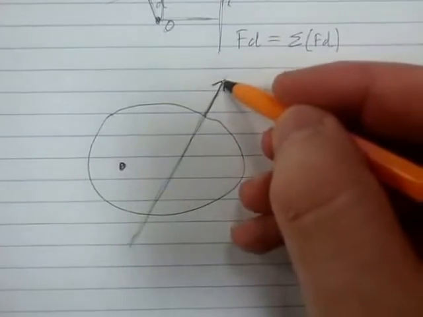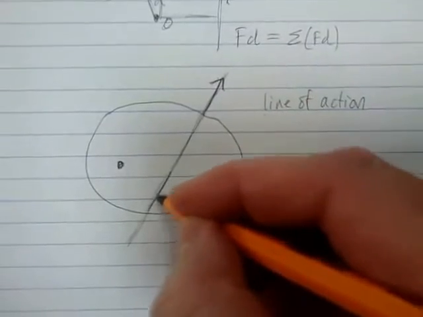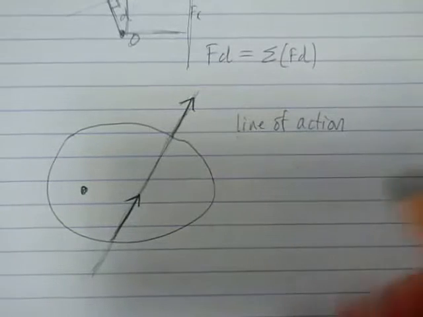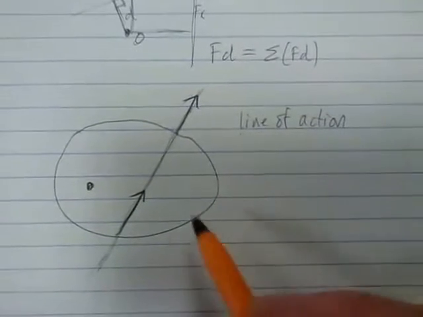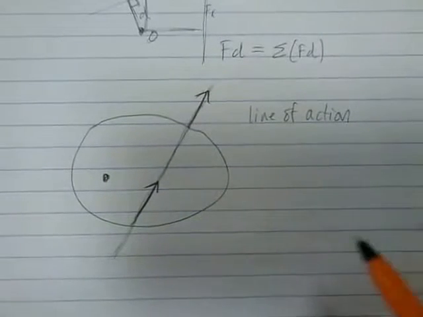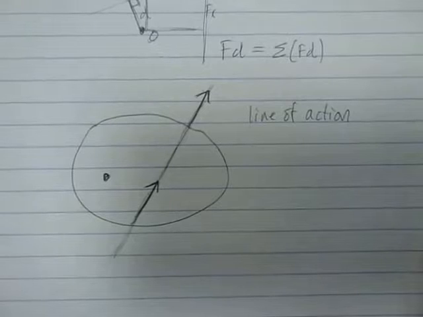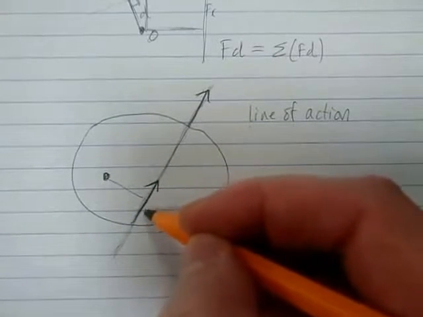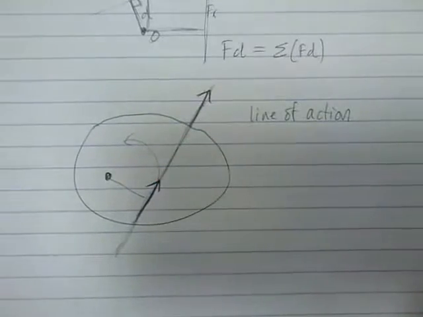So if I take this force vector and I put it over here, it's exactly the same force, magnitude, everything. What kind of moment does that cause? Does it cause a clockwise or an anti-clockwise moment? Well, you can see that it would cause an anti-clockwise moment.